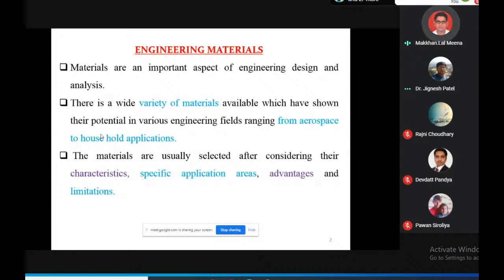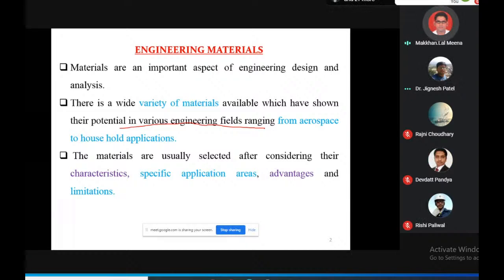There is a wide variety of materials available which have shown potential in various engineering fields, from aerospace to our daily life applications also, maybe in our kitchen, in a house, in a bathroom, etc. So household applications also. It is a very wide application of different engineering materials.